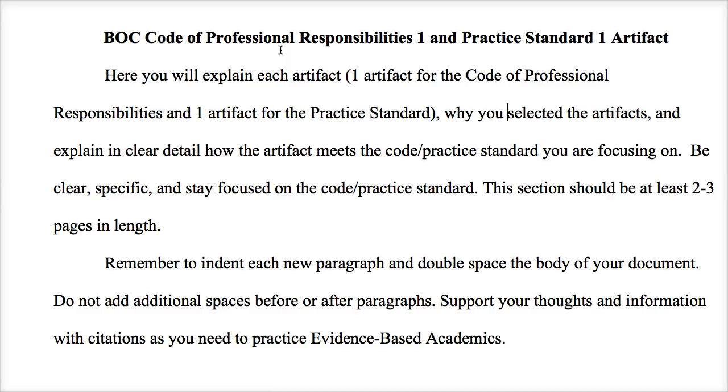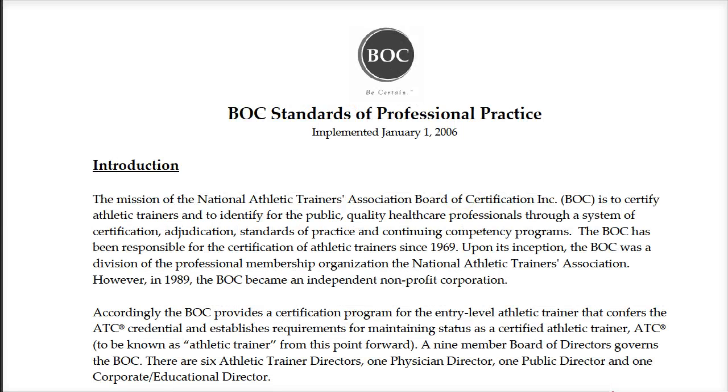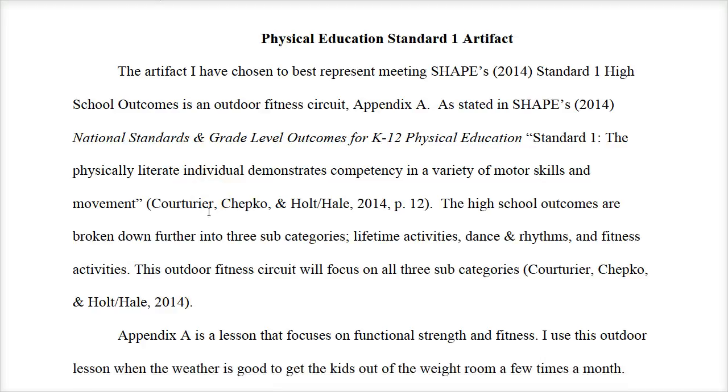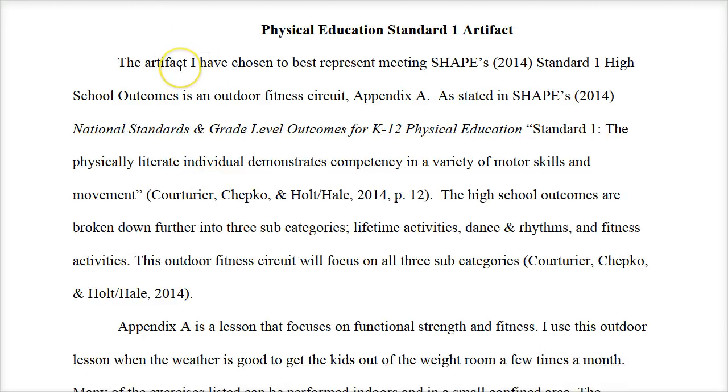Now, when you first refer to the artifact in your paper, here is how this PE student wrote it: The artifact I've chosen to represent meeting the 2004 standard is an outdoor fitness circuit, Appendix A. Another way you can put this is, which is located in Appendix A, or just put Appendix A in parentheses.